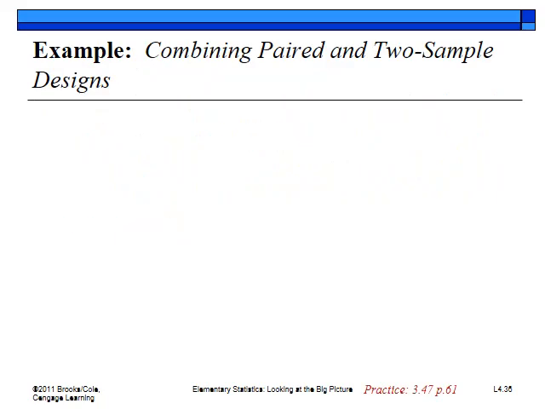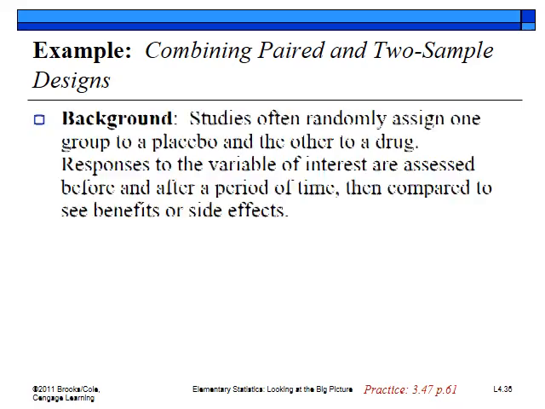Often we see a combination of a paired design and a two-sample design. Many studies that are looking at effectiveness of a new drug will randomly assign one group to be the control group with a placebo, the other group to receive the drug in question. Then responses would be assessed both before and after the course of treatment, and then compared to look for benefits or side effects.